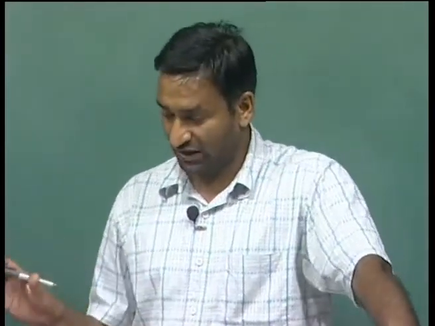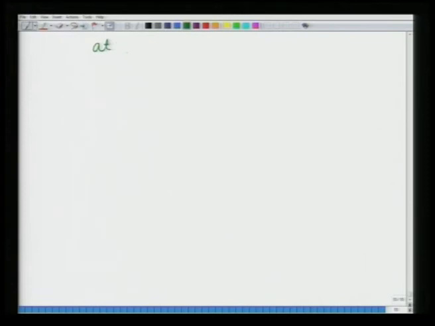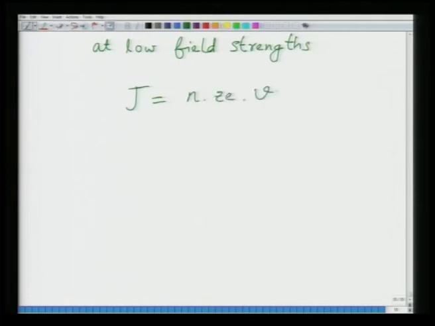Now, at low field strengths, we can assume that Ohm's law is perfectly valid, and as a result we can write the current density as J equal to N Z E times V average, which is nothing but the drift velocity.